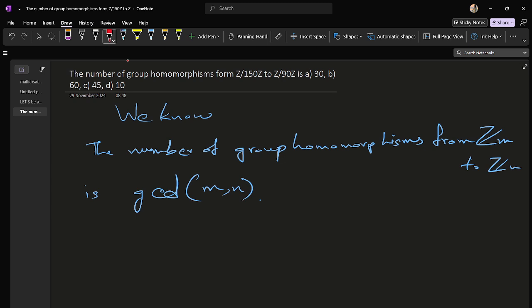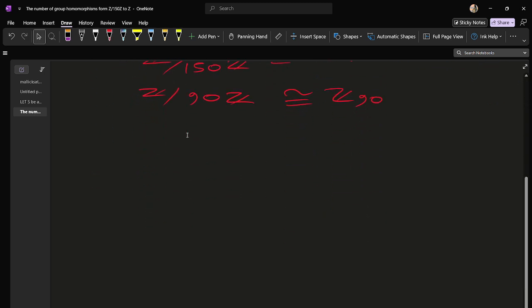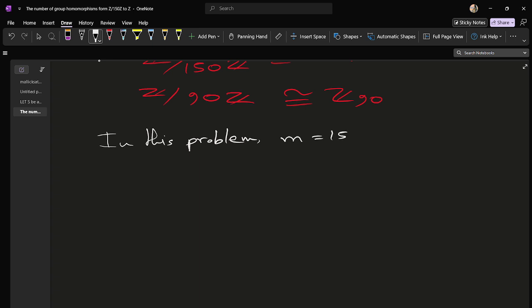As we know, Z mod 150Z is isomorphic to Z150 and Z mod 90Z is isomorphic to Z90. So in this case, our M is 150 and our N is 90.